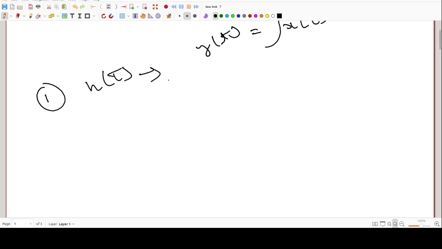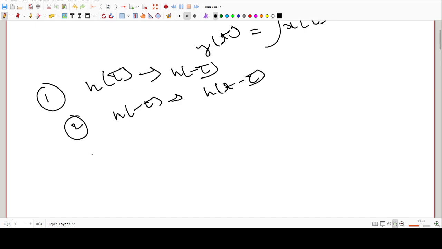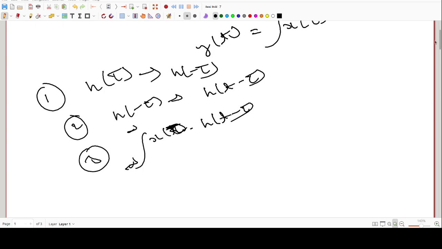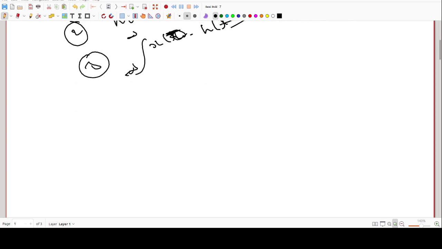So we replace h(tau) with h(t minus tau): flip it, then shift it by the small t, which is constant, and at the end multiply with x(tau). The integral runs over a range of time from minus infinity to infinity, where the actual extent depends on the functions.